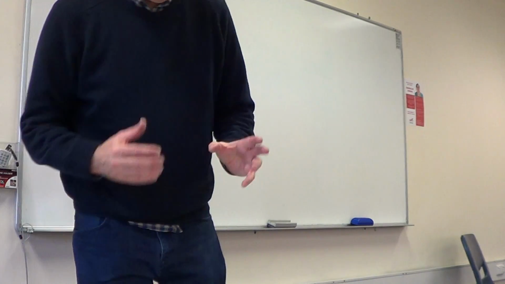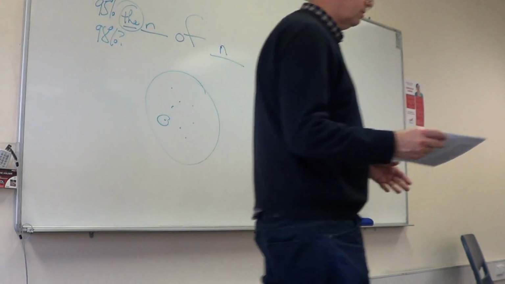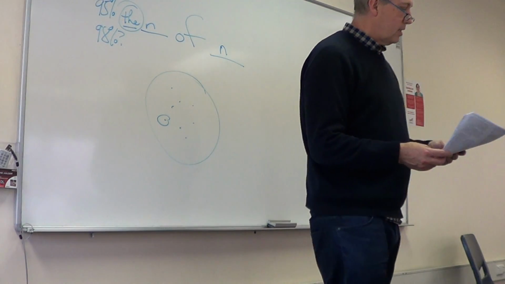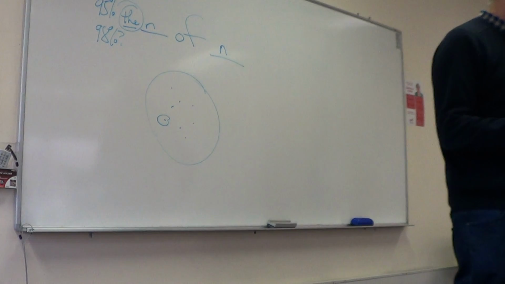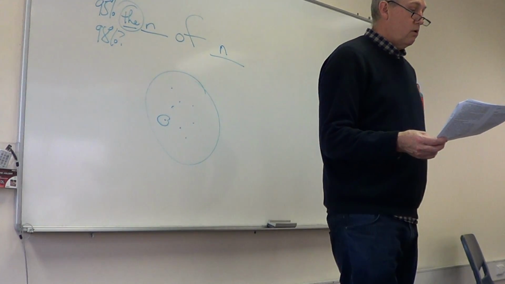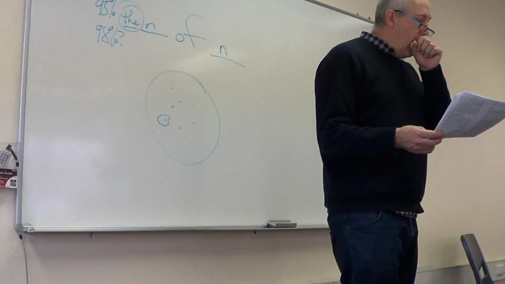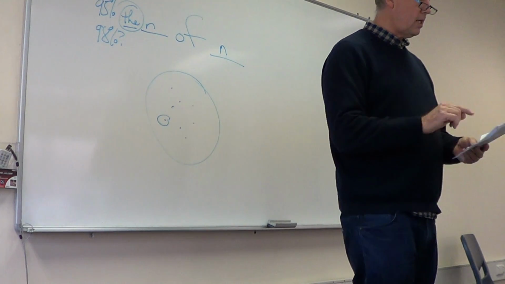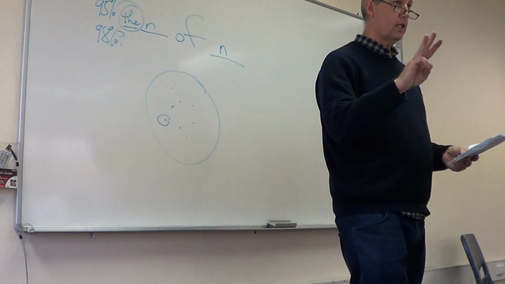Let's discover how this works in practice. We've got 3 new rules. Here's our next exercise. You have to look at this and look at the definite articles that are being put in here because of these 3 reasons.